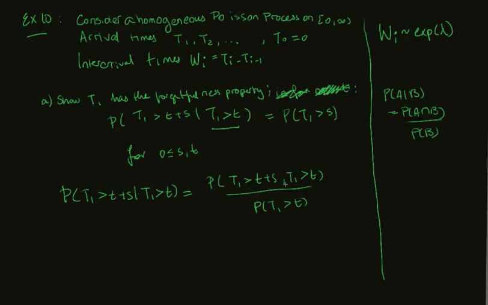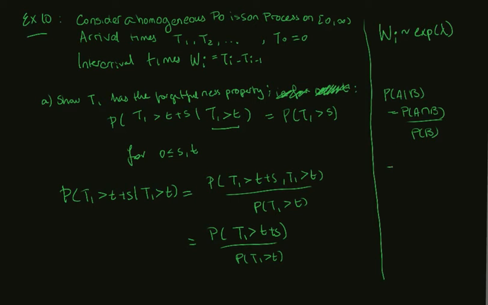And in the numerator, if t1 is greater than t plus s, then definitely it will be greater than t. So we have a redundant statement, and it's enough to just write that t1 has to be greater than t plus s, divided by the probability that t1 is greater than t.